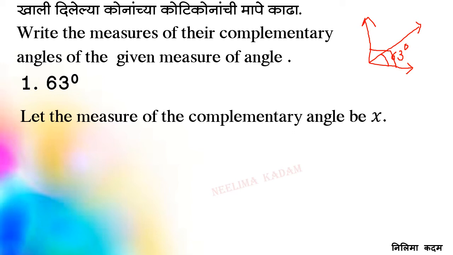So one of the angles is 63 degrees, and we want to find the measure of this other angle. So let the complementary angle be x. Now as per the given condition, their sum should be 90 degrees. Therefore we will get an equation, that is x plus 63 equals 90.